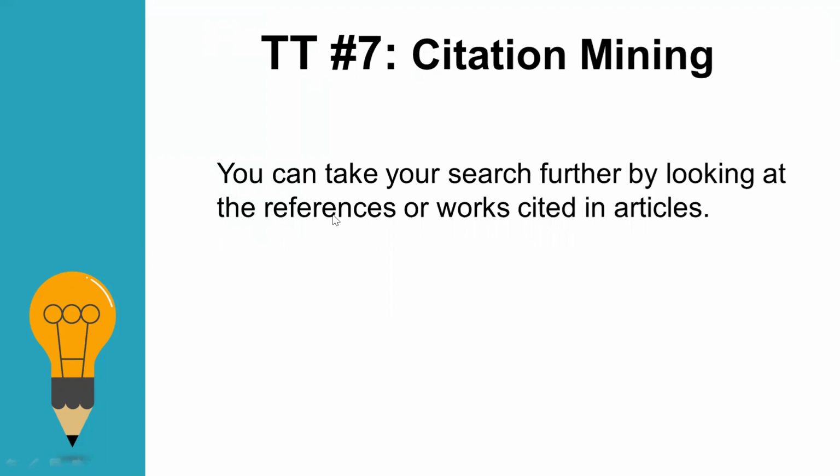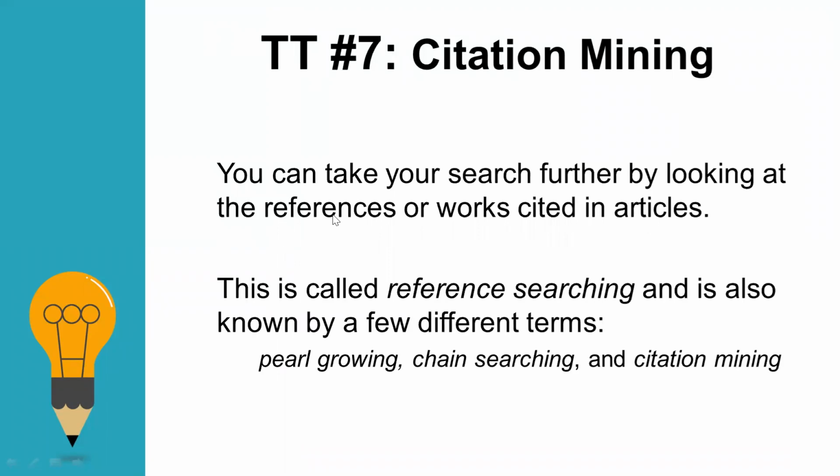So those references or citations can be a further area of literature search. This is called reference searching and is also known by a few different terms, which are pearl growing, chain searching, and citation mining. So this is how the chain gets created, and from one search, you are generating more searches through its references, and hence it is also termed citation mining.